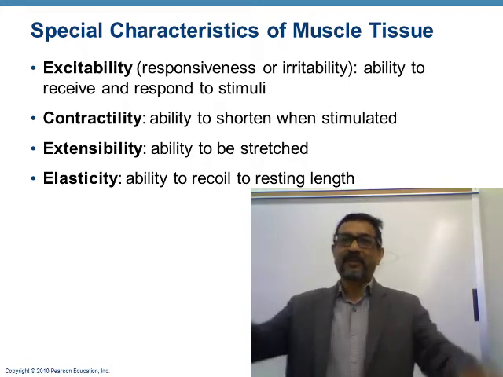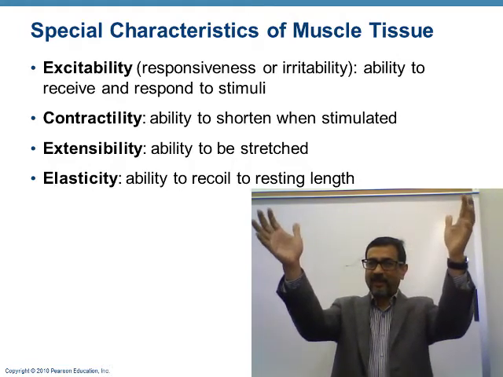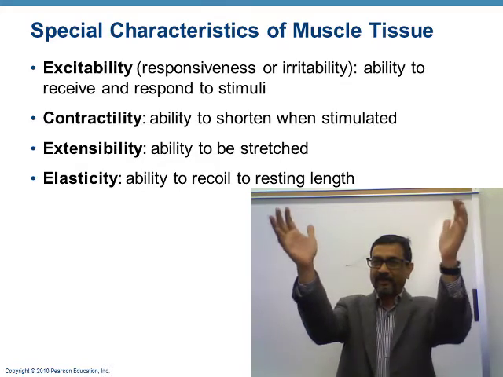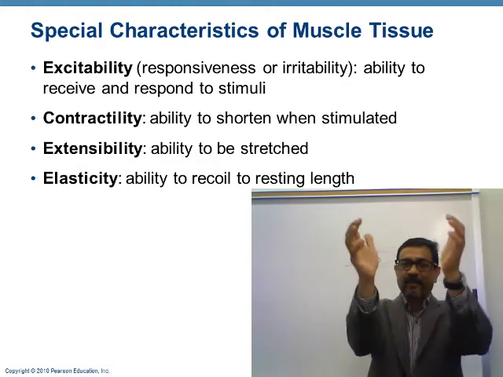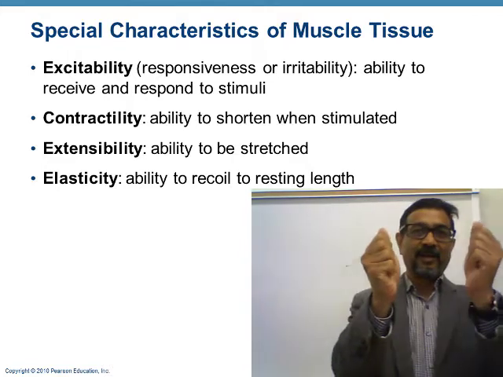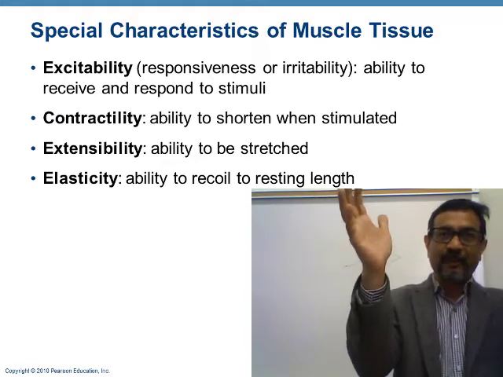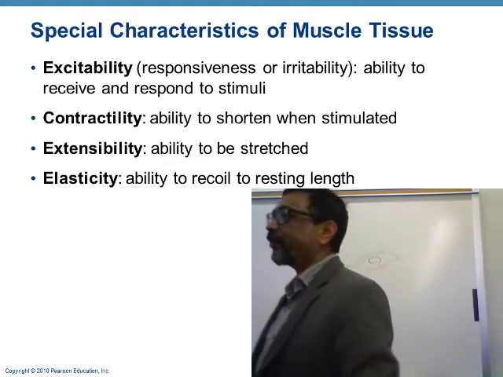Elasticity. After you expand the muscle, if you leave the pressure, then it will get shorter again. It will go back to its actual shape. That is the elasticity, the ability to recoil. After you stretch it, if you remove that pressure, it will get back to its actual shape.